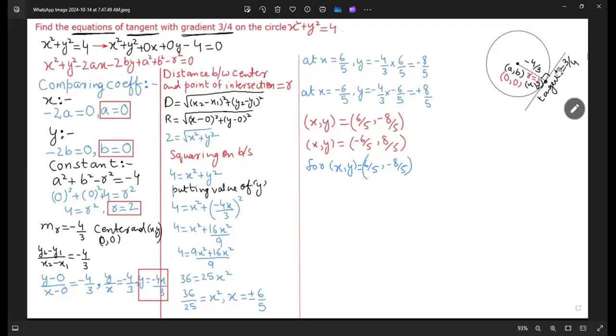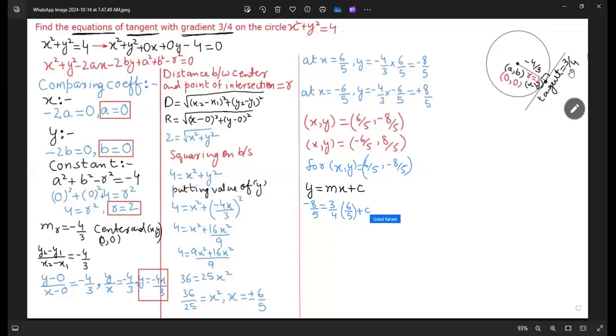This is the first one which I'm going to use to get my result. Okay, so the equation which I'm going to use over here is y equals to mx plus c. Okay, so the value of y, which I am having over here, is minus 8 over 5, m will be 3 over 4 and x will be 6 over 5 plus c.